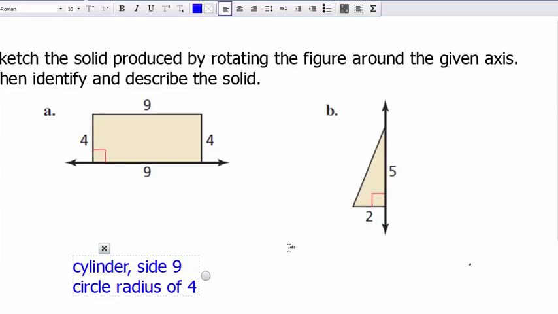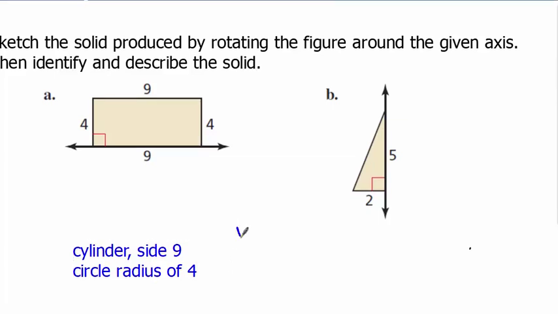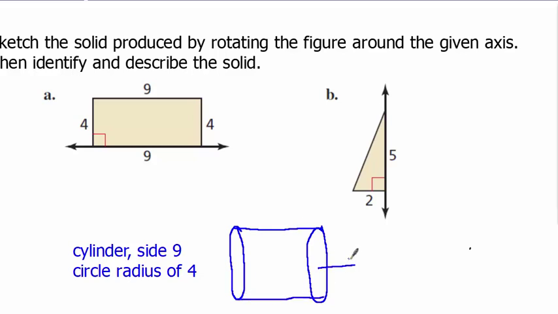So if we want to sketch that, we would end up coming up with basically two ovals that are close to the same size and the lines connecting those, because the thing that spins goes through this spot right here.